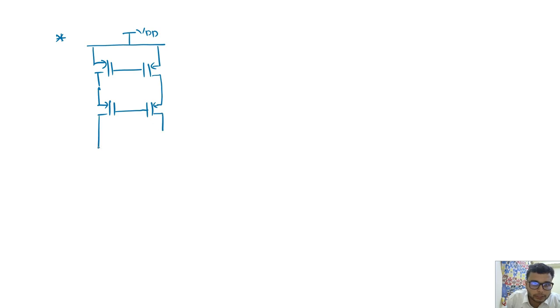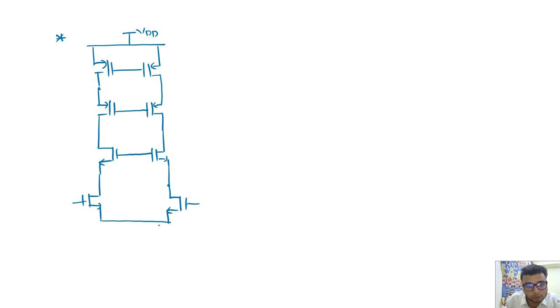So these are the Cascode devices. Now I have used Cascode devices on both sides, meaning the upside, the active load side, the PMOS side, and also the side of the input pair.